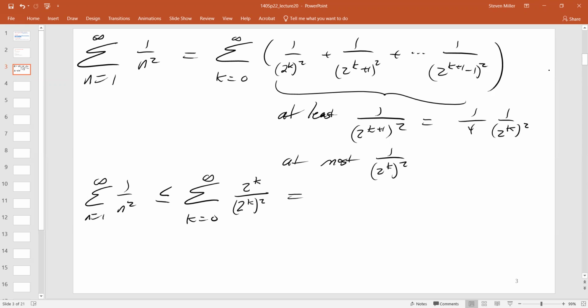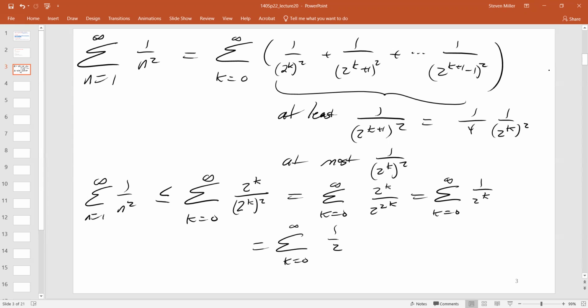So this is equal to the sum, k goes from 0 to infinity, of 2 to the k over 2 to the 2k. This is the sum of 1 over 2 to the k, which is the sum of (1/2) to the k. So by the geometric series formula, it's 1 over 1 minus 1/2, so it converges.